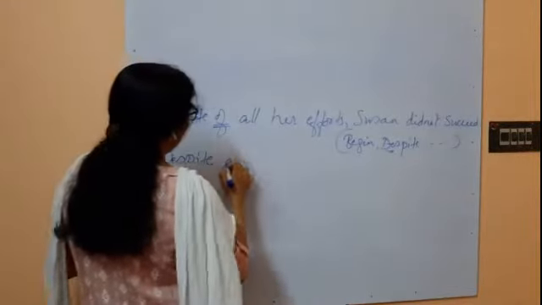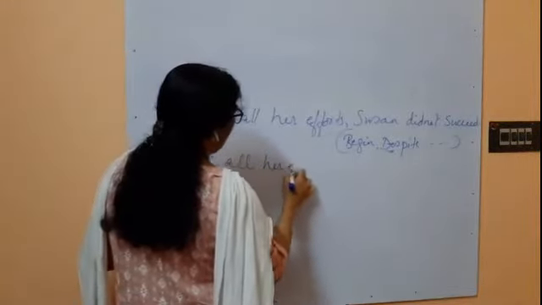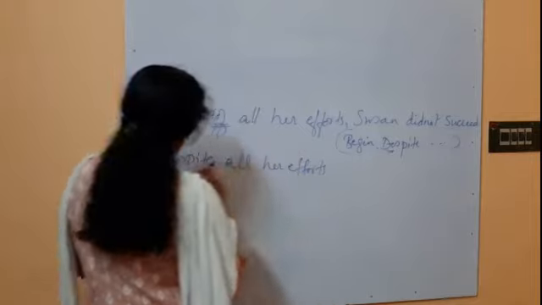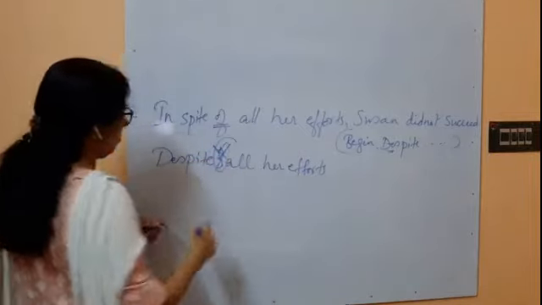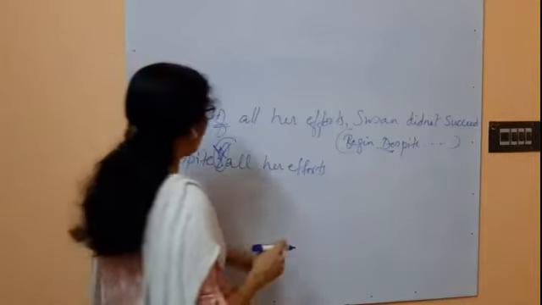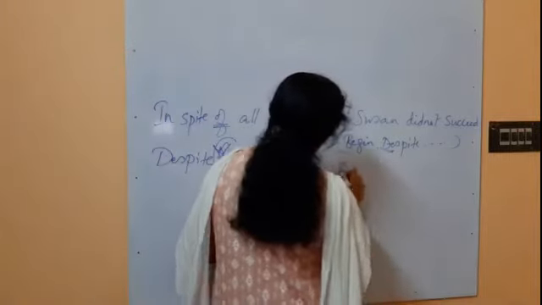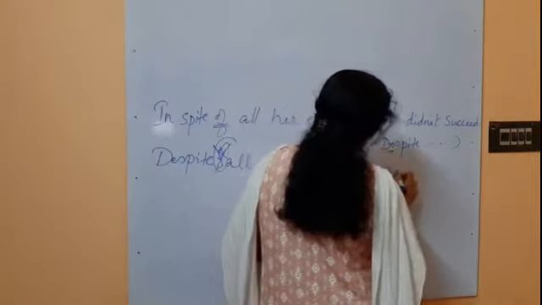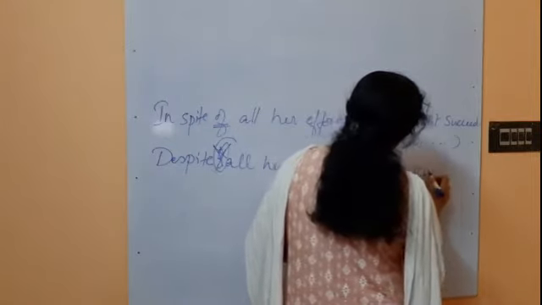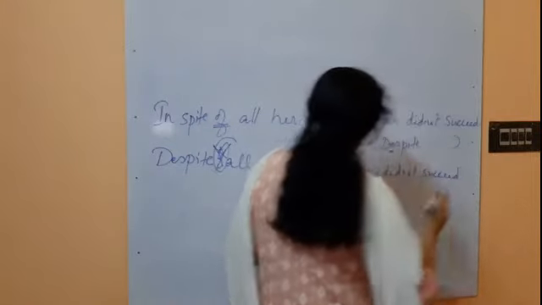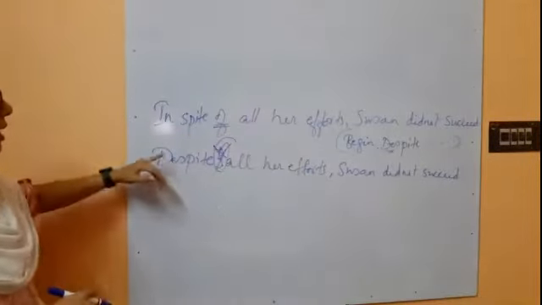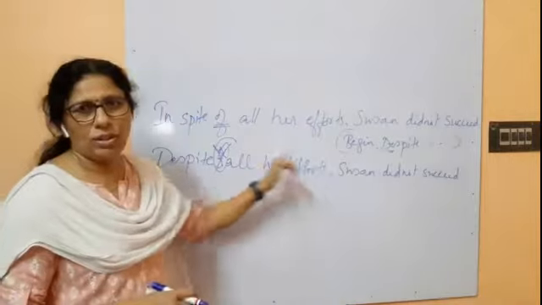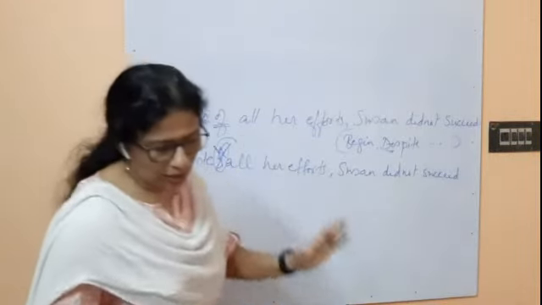So despite all her efforts. Don't write despite of, it is wrong. Despite all her efforts, Susan did not succeed. So in spite of all her efforts, Susan did not succeed. Despite all her efforts, not despite of, despite all her efforts.